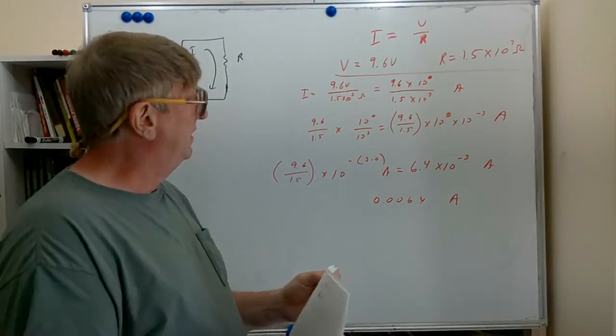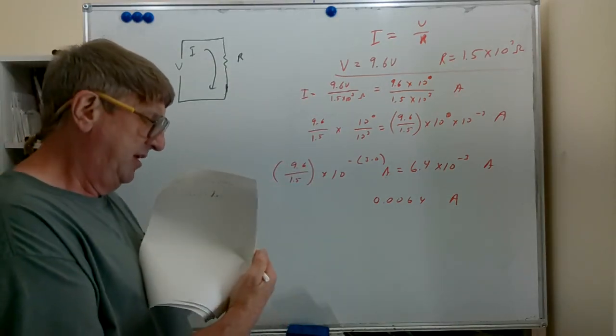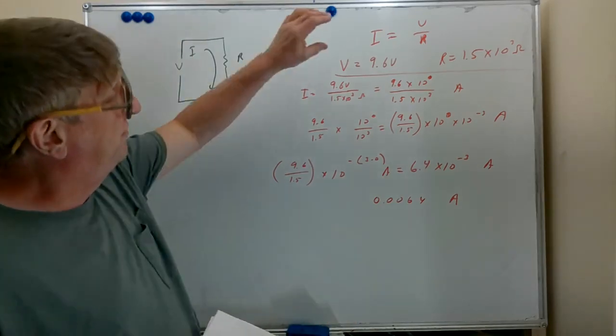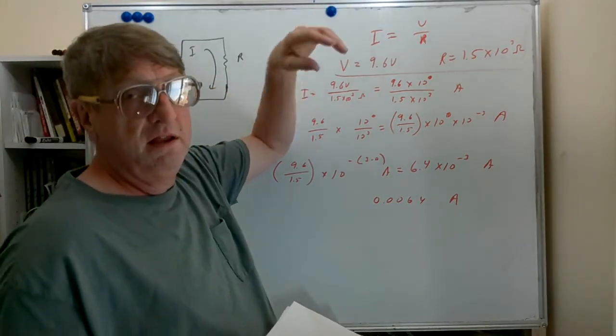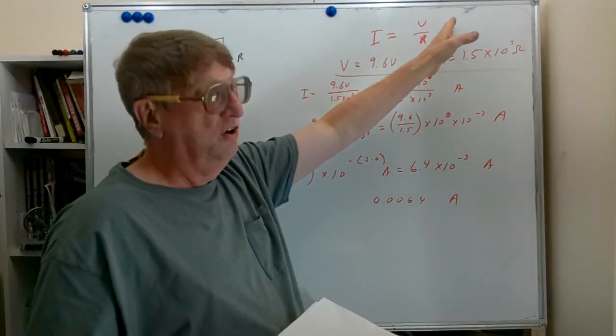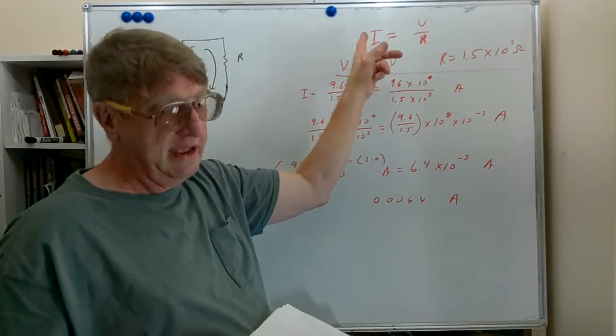So we've done a little electrical example of math and powers of 10, and we've seen one version of Ohm's law, where if we have the voltage and resistance supplied, we can calculate the current.